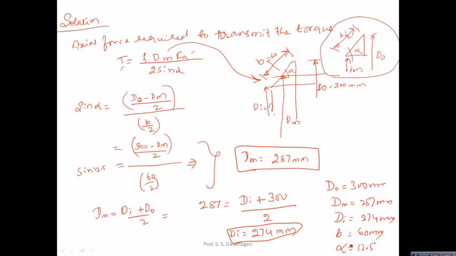I think now you have the dimensions. Do is given as 300 mm, dm is 287 mm, and Di is 274 mm. B is given as 60 mm. They have already provided the alpha value, 12.5 degrees.